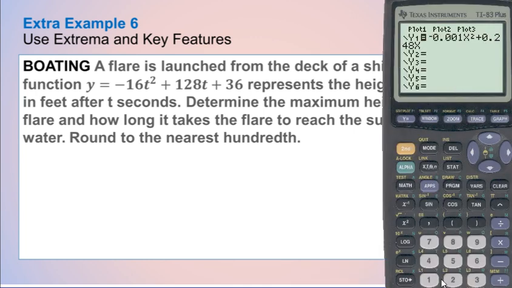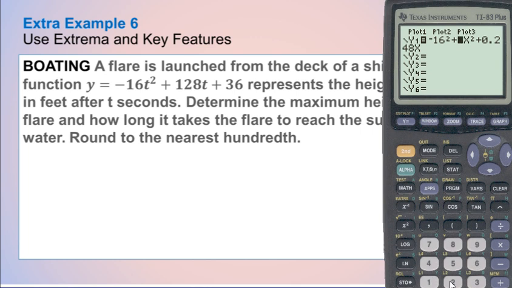Go to my y equals, and I type in negative 16 x squared plus 128 x plus 36. Now I don't know the Windows settings, so I'm just going to estimate here. I could just keep it as is.